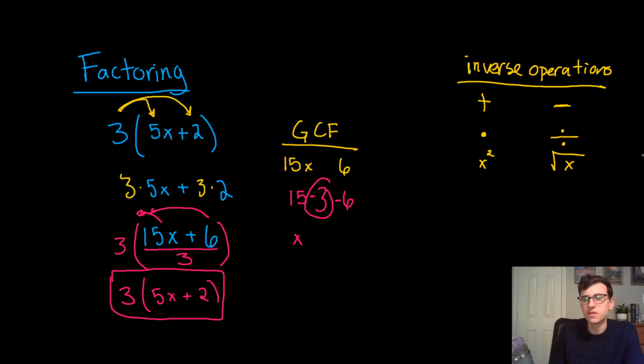Okay, let's do an example where we don't know from the beginning what the answer is. How about this? What if I did something like this? 2x cubed minus 4x squared.